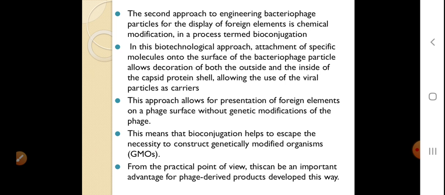So some sort of mutation might occur. It might not always go in the right direction if not done properly. So to be safe and from the practical point of view, this is a very important advantage of the phage display technique, that is, the chemical modification. Here it does not involve the DNA, it is purely the addition of a chemical to the bacteriophage surface.